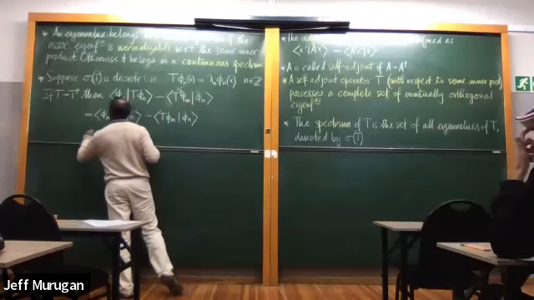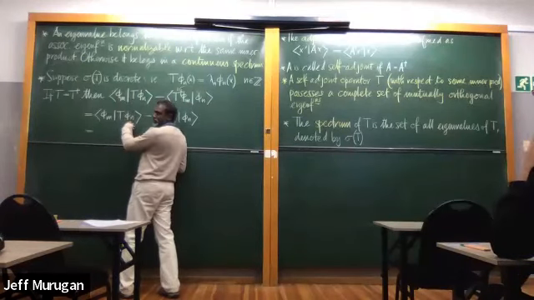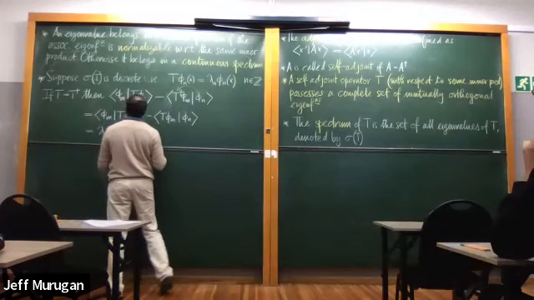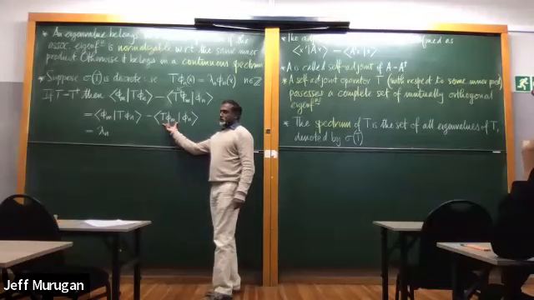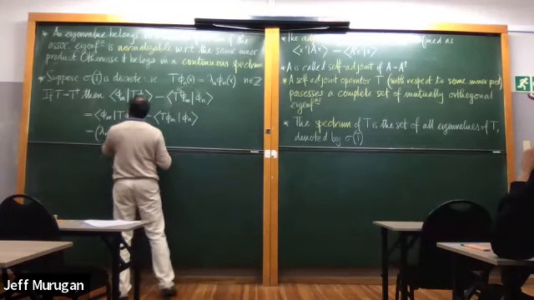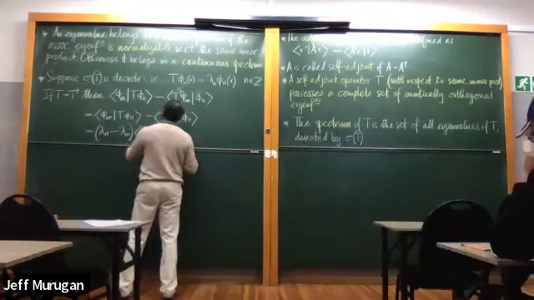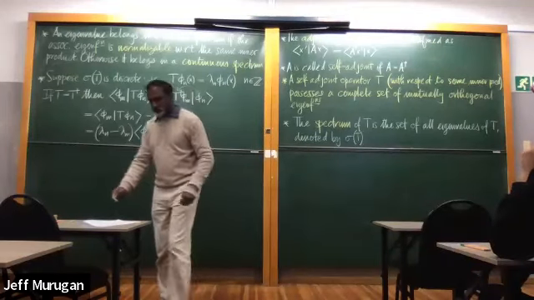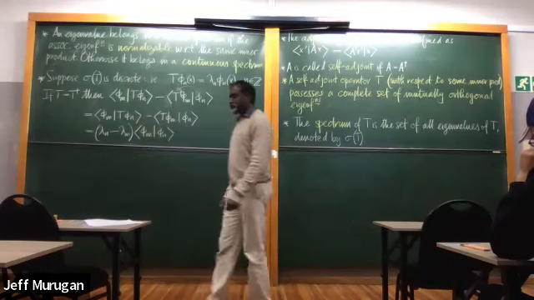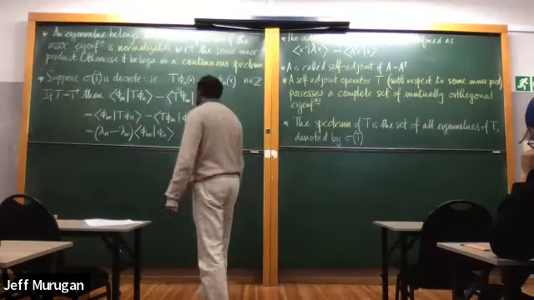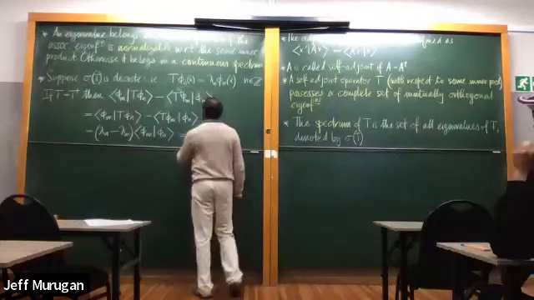This first one is going to give me lambda_n times phi_m inner product phi_n. The second one is going to give me T acting on phi_m, that's going to pull out a lambda_m. And I take out a common factor of phi_m inner product phi_n. And this was equal to 0.